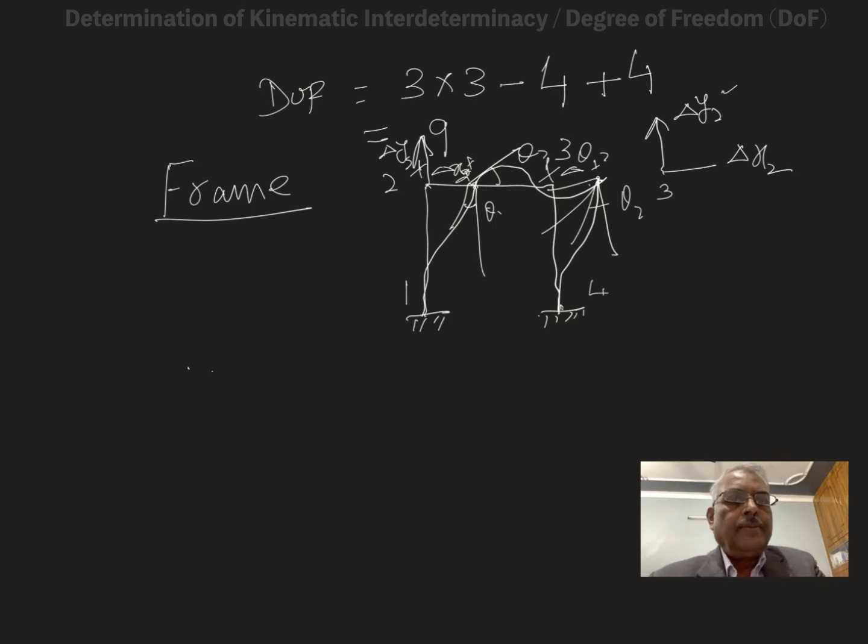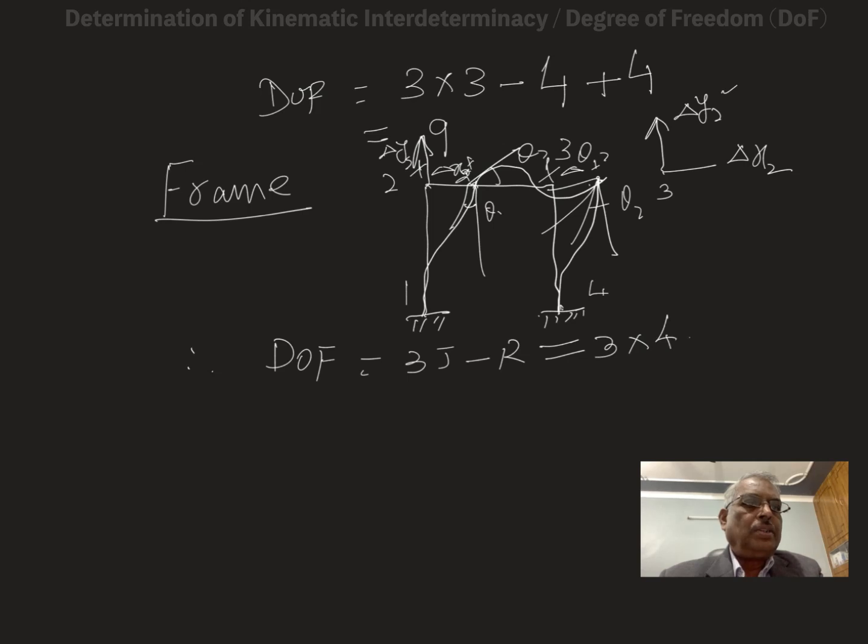So first let us find the total degree of freedom, equal to 3j minus r, because all the joints are considered rigid. 3 into how many joints? 4 joints. How many reactions? 3 here, 3 here, so 6 reactions.